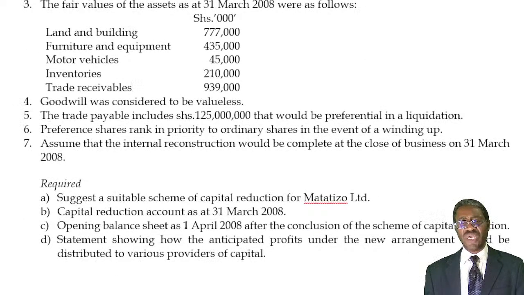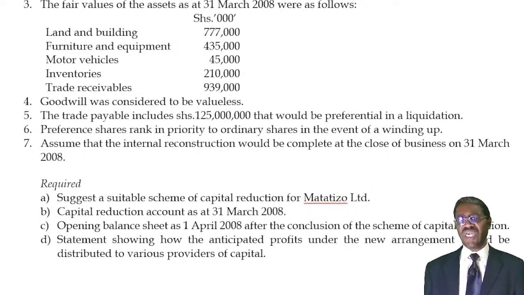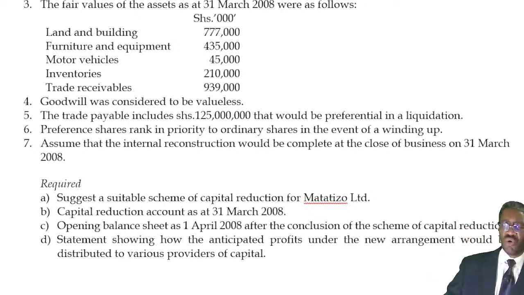Number A, they are saying, suggest a suitable scheme of capital reduction. Number B, prepare a capital reduction account. Number C, an opening balance sheet as at 1st of April 2008 after conclusion of the scheme of capital reduction.